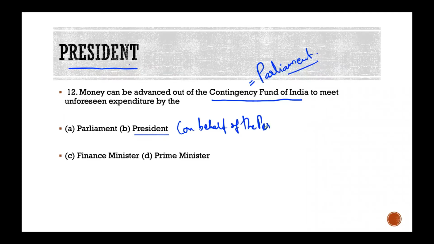I'm going to ask you this question when we do parliament as well. So you ought to remember: on behalf of the president by the secretary to Government of India in Ministry of Finance.